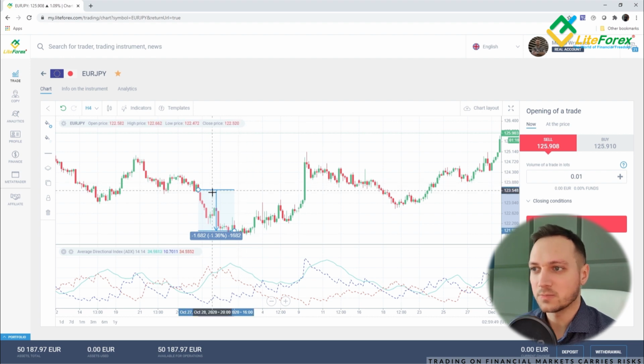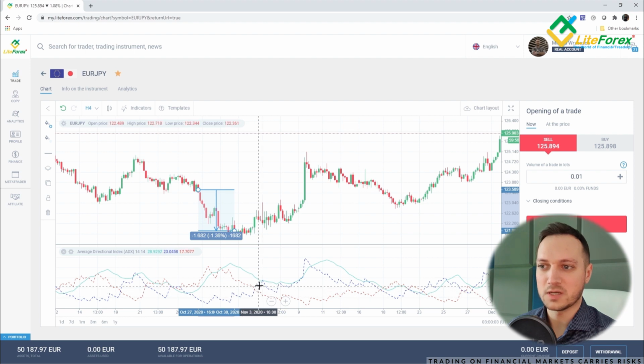The second signal that it gives is when the ADX line is still above the 20 points barrier, and the plus DI and minus DI, the dashed lines, are crossing each other again, and the ADX is still above the 20. So we have this example here. We have two examples in one, we can say. So let's check it out, guys.